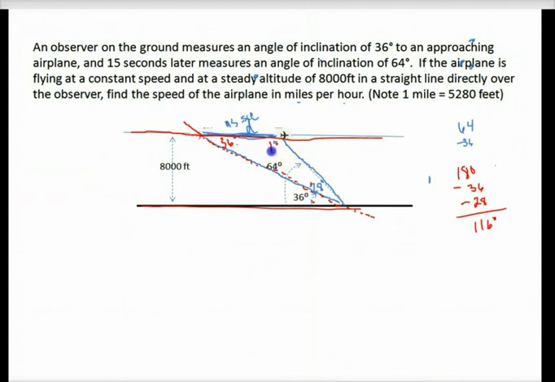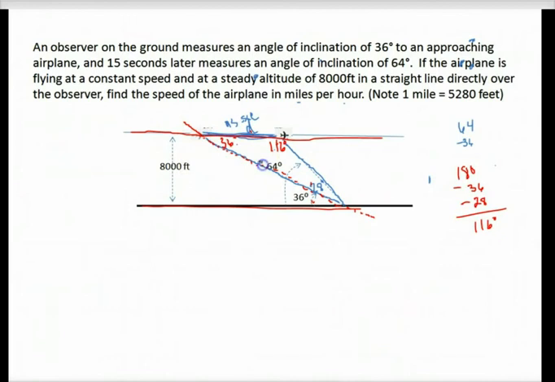Okay, well there's 116 degrees left. So now we have our three angles in our triangle. That is going to help us out a lot. And with the law of sines, all I need is one of the sides and it will help me find the remaining side. So now we need a side.